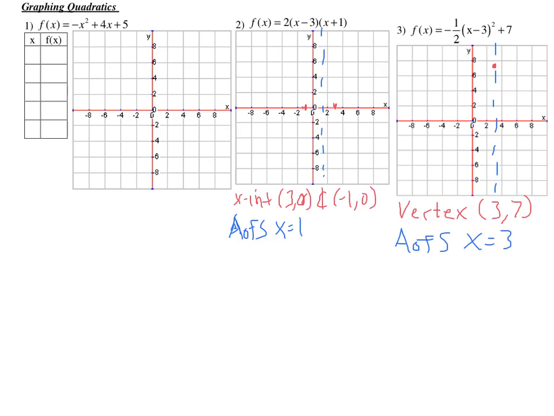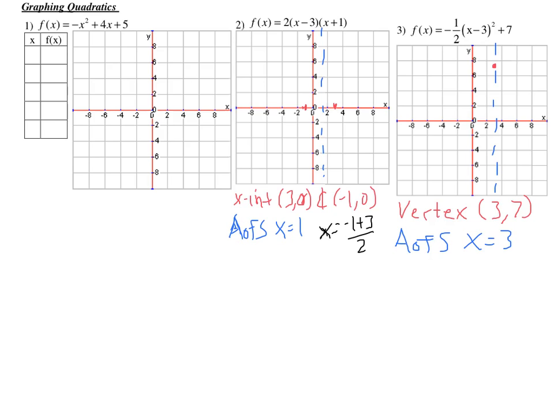But what if I didn't have a graph? Can you just look at the zeros if you don't have a graph and find the axis of symmetry without the graph? So hopefully you can tell, if I average these two numbers, that'll give me my axis of symmetry. And here's what I mean by average. Watch. If I want my axis of symmetry, all I'm going to do is take the two numbers, negative 1 and 3, and average them.